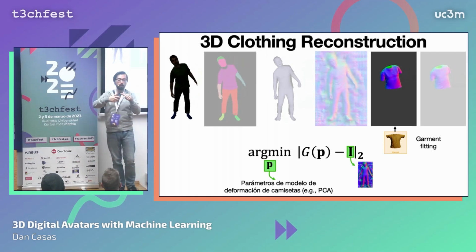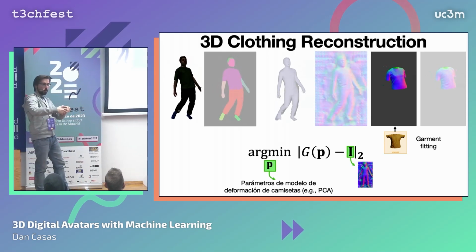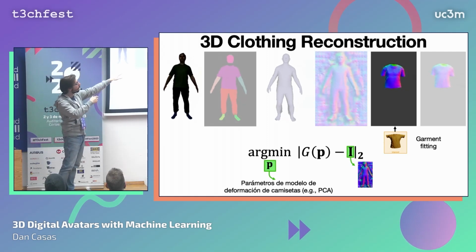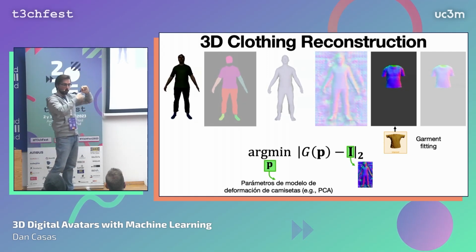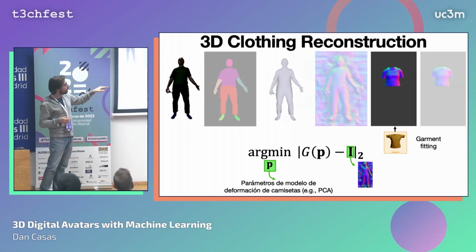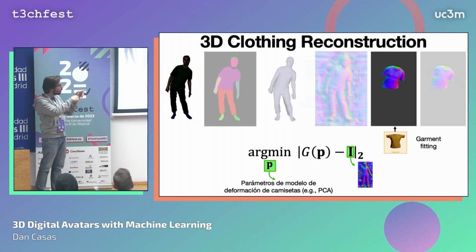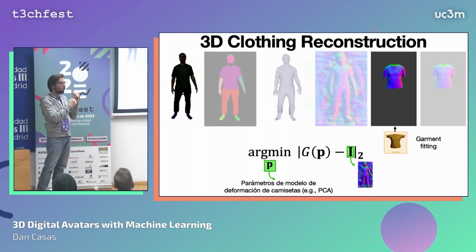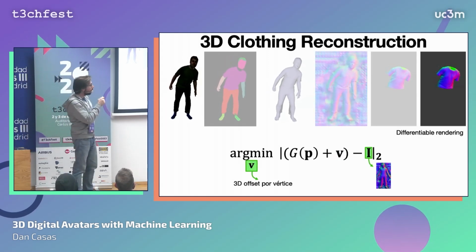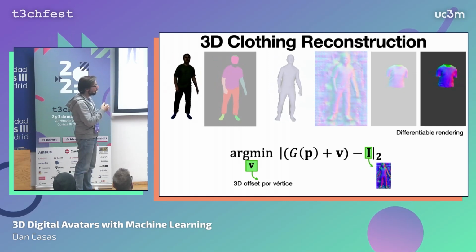So basically what I do is move the triangles of my 3D model such that the orientation of each triangle fits the coloring that is estimated from the other neural network. I know there's a lot going on here, but it's just a quick review, right? So after this step, I've managed to deform my 3D model such that it fits the normals that are estimated. And then we have another final step where we do some fine refinement. But it's basically the same thing, just optimizing some of the parameters.